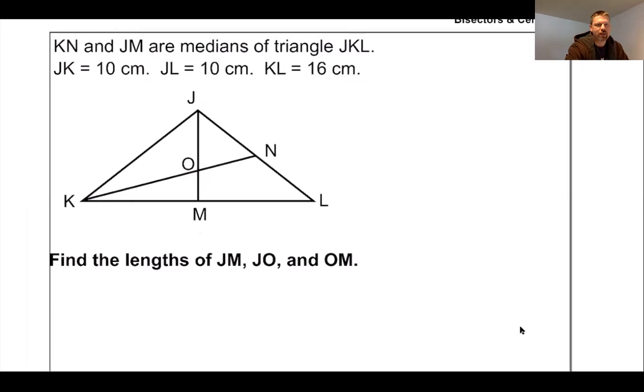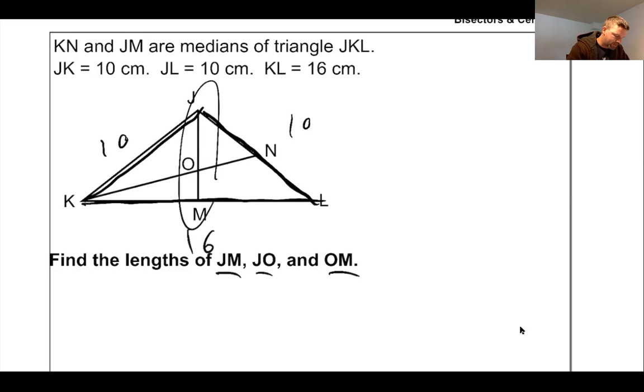All right, another example problem. I'm being asked to find the lengths of JM, JO, and OM, all 3 of those ones there. And they gave us some information. I was given that this whole one there is 10, and this big long one here is 16.